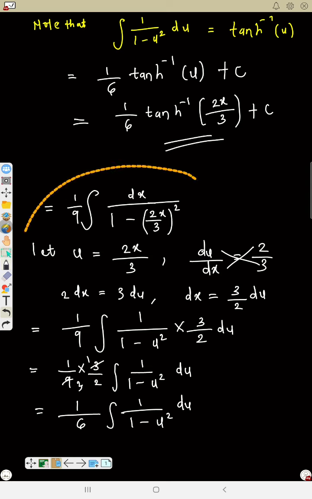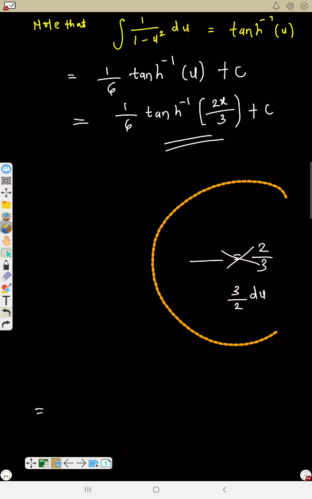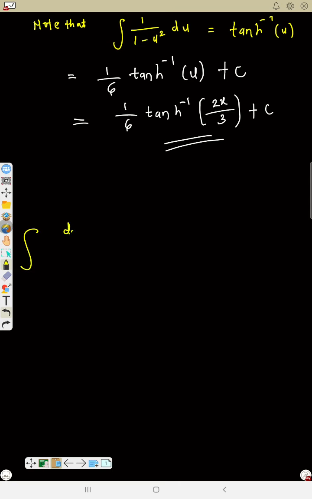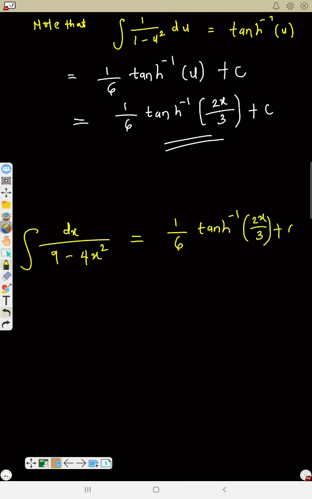So we can say the integral of ds divided by 9 minus 4s squared is equal to 1 over 6 arctan 2s over 3 plus c.